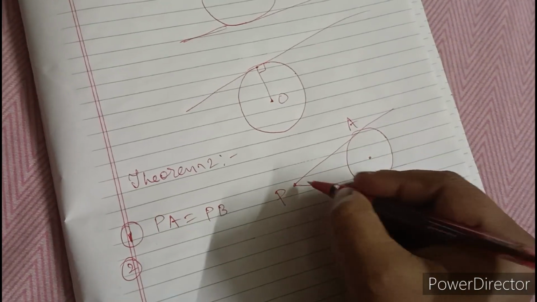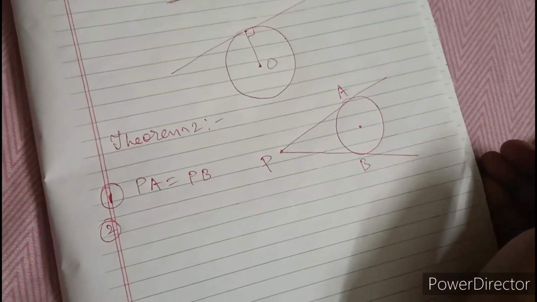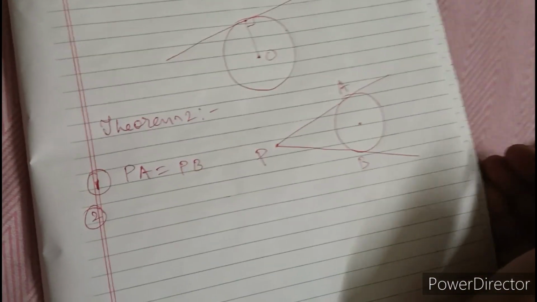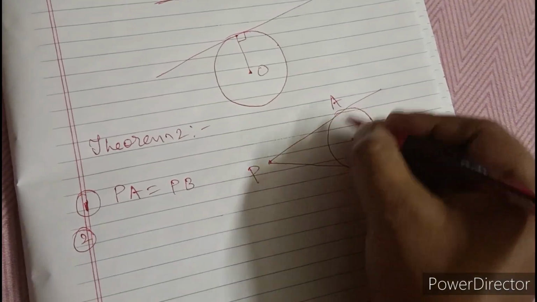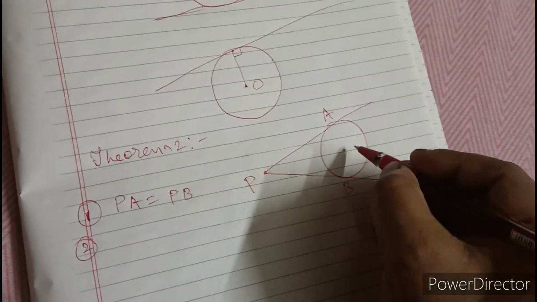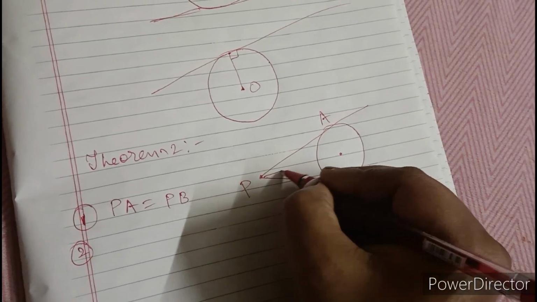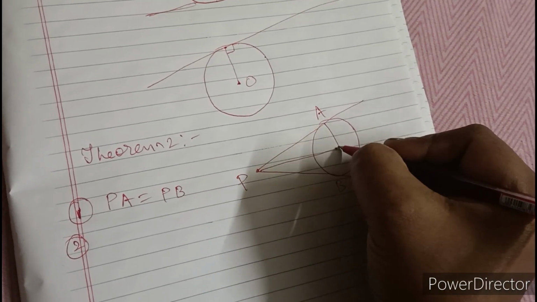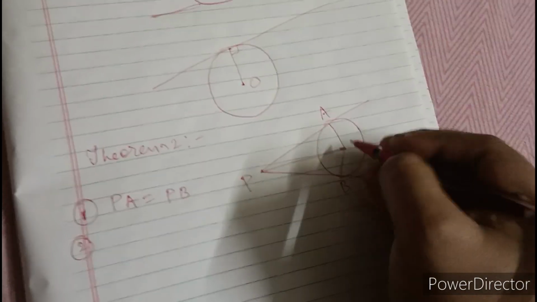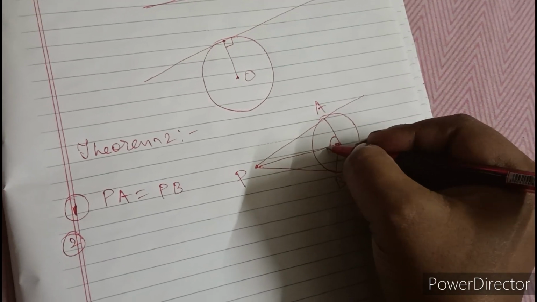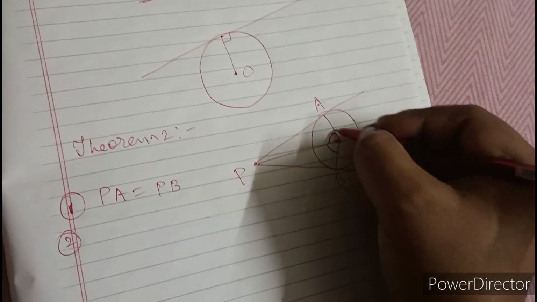Second thing we can say is that the tangents subtend equal angles at the center of the circle. These are the two tangents and they subtend equal angles at the center. Okay, let us join this. The equal angles at the center, okay, means these two angles.